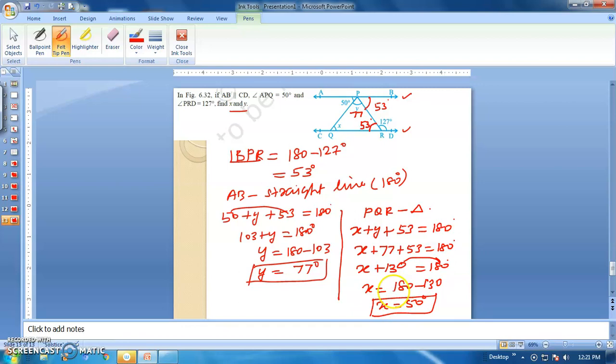So that is the procedure to find out the angles X and Y. Okay, so without understanding the concepts of all the types of angles, it is not possible to solve any other questions. Okay, so go through the concepts once again. What is a complementary angle, what is a supplementary angle, what are corresponding angles, and what are alternate interior angles, everything.